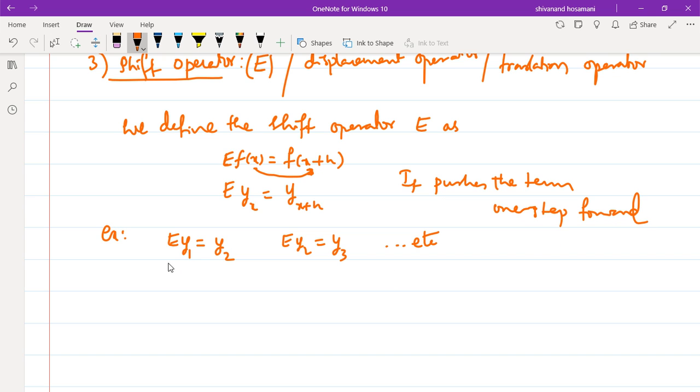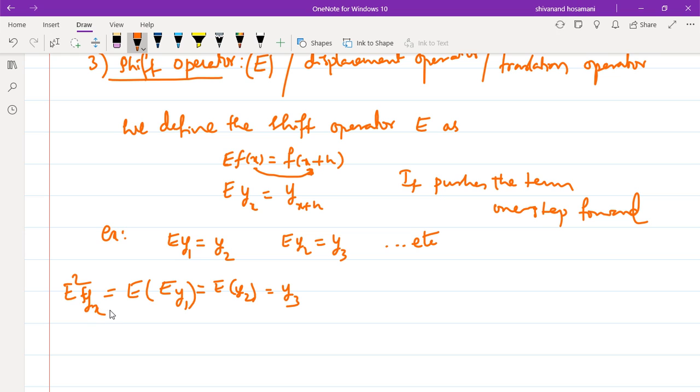If you apply the shift operator to y1, the output is y2. If you apply it to y2, the output is y3. Suppose I have already applied the shift operator to y1, and I apply it again: that is E of y2, which is y3. That means two steps. So this is E square y of x.